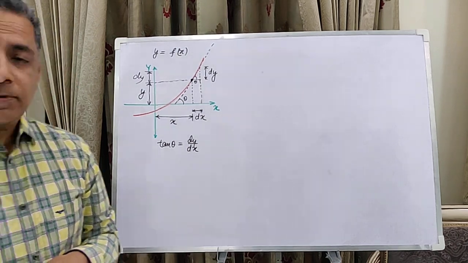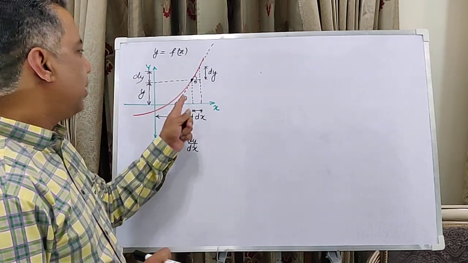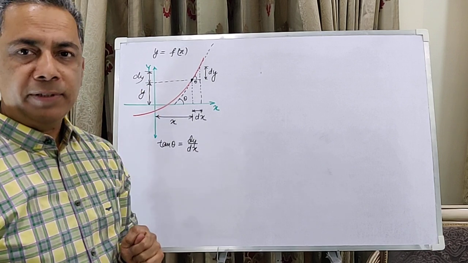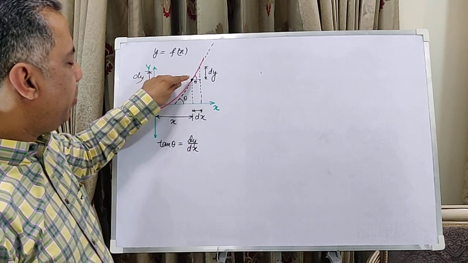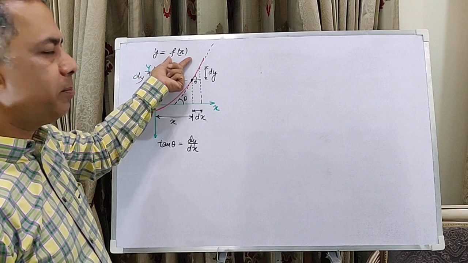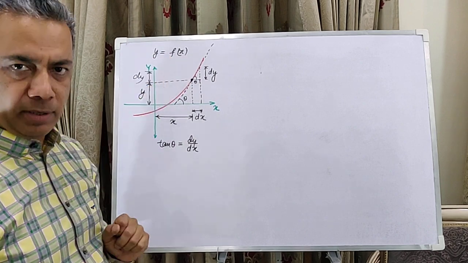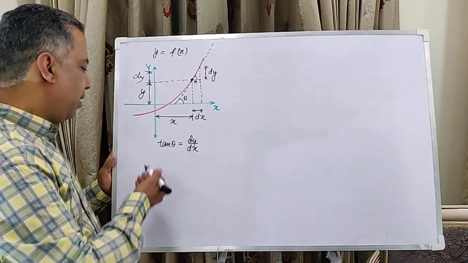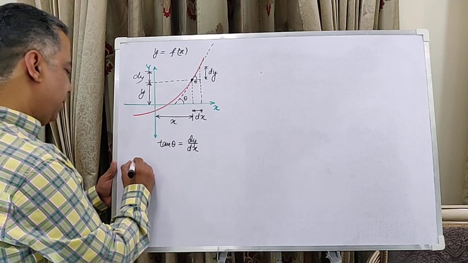So a very interesting observation. What's that? The slope of a curve at a point is equal to the derivative of the corresponding function at that point. So let me write the conclusion down here.